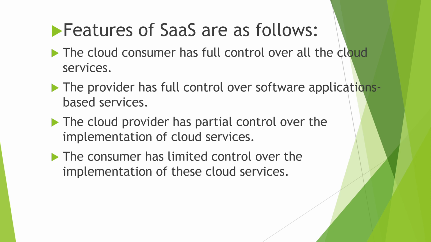One of the key benefits of the software as a service model is that it eliminates the need for organizations to install and maintain software on their own servers. This can save organizations time and money on hardware and IT staff. Software as a service providers also typically offer subscription based pricing, which can make it easier for organizations to budget for software costs.